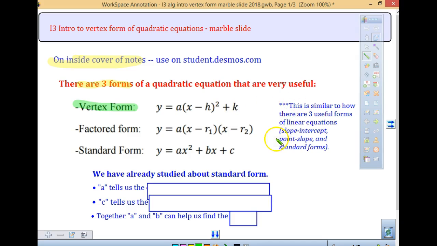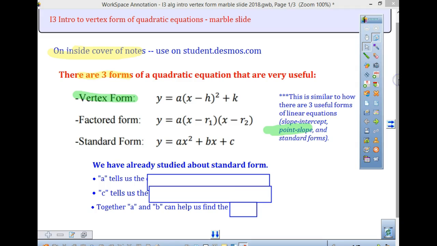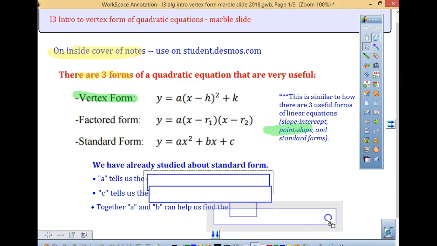Really similar to what? Point slope form from earlier this year, right? This is really similar to point slope, because what does the a tell us? What does our a tell us when we were graphing these the other day? The a tells us, Remley? Well, it tells us the width, and if it's positive or negative, right?